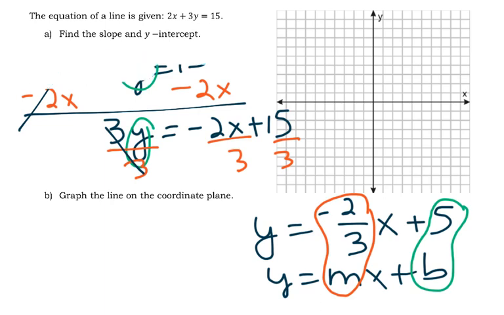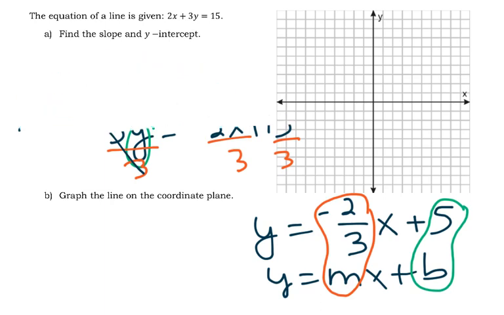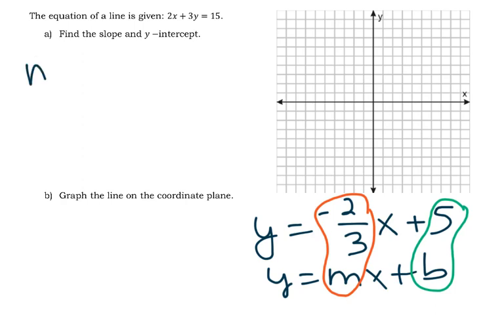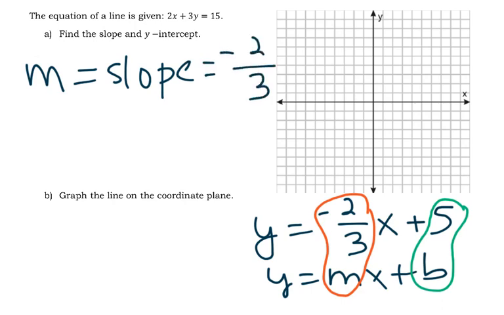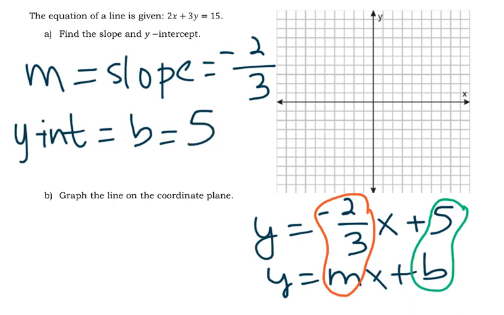If they ask for slope and y-intercept, we can say that the slope, or m, is negative 2/3, and the y-intercept, which is your b value, is 5.